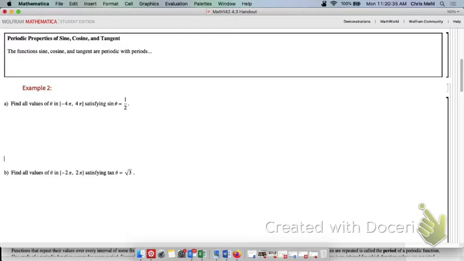So to summarize, the functions sine, cosine, and tangent are periodic with periods 2 pi for sine and cosine, and period pi for tangent.